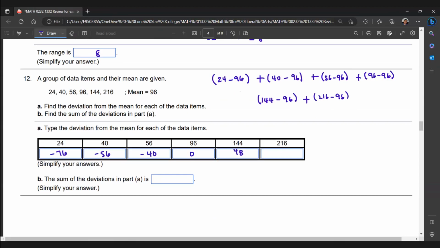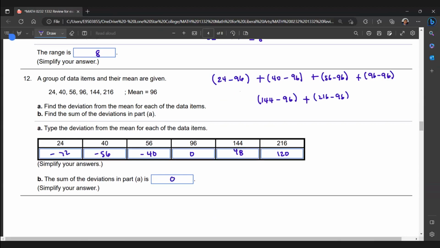And 216 minus 96, that's equal to 120. And then they want us to add these numbers. So negative 76 minus 56 minus 40 plus 48 plus 120, and I get negative 4. Oh, I messed up over here. 24 minus 96 is 72.